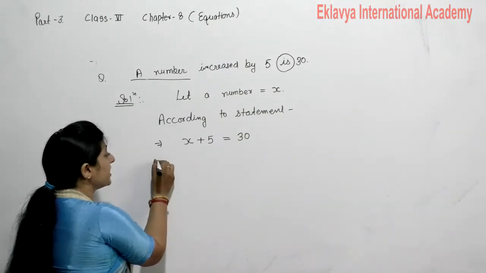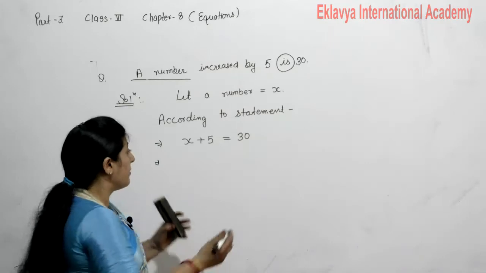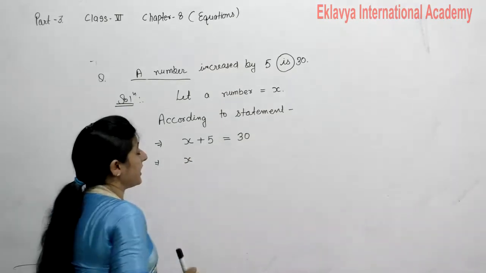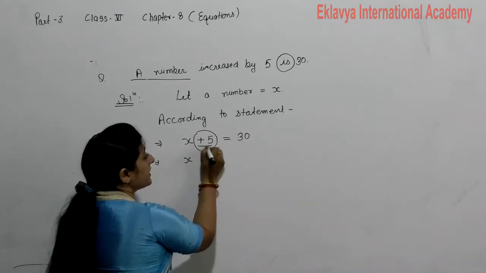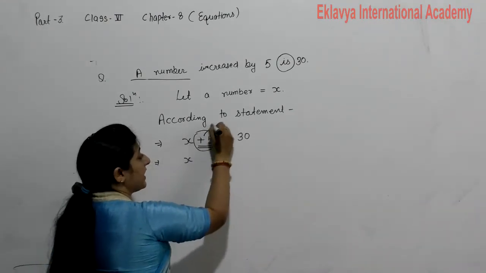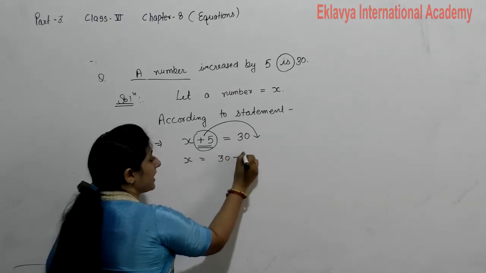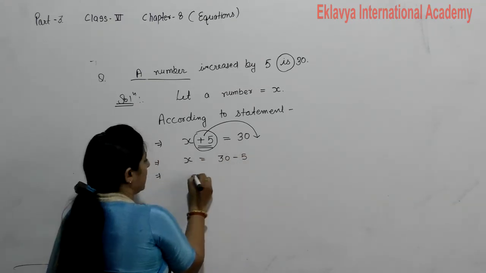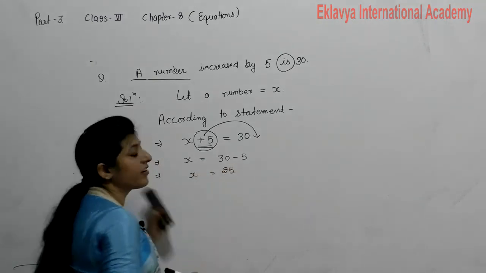Now solve this equation using the transposing method, or you can do it manually. It depends on you. I am using the transposing method here. This is plus 5. If I change the side, it becomes 30 minus 5. That is x is equal to 25.